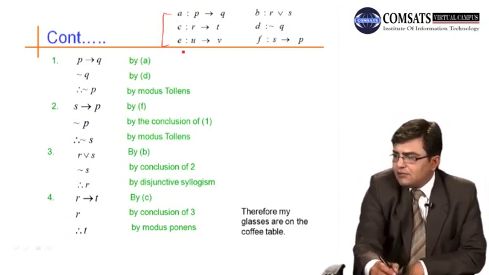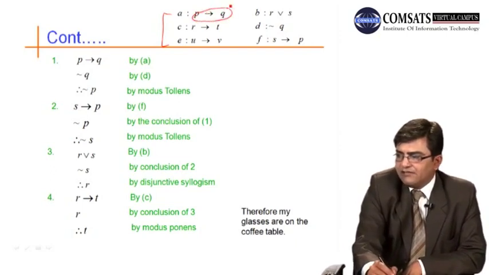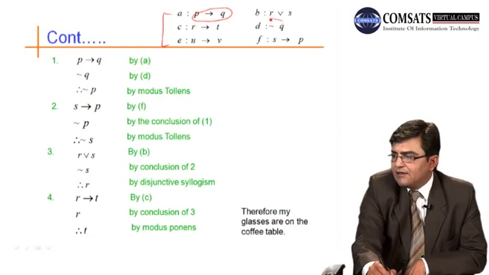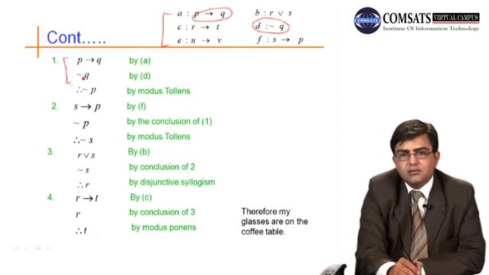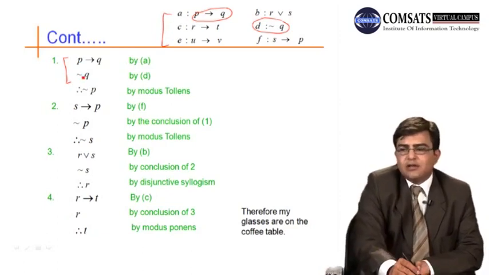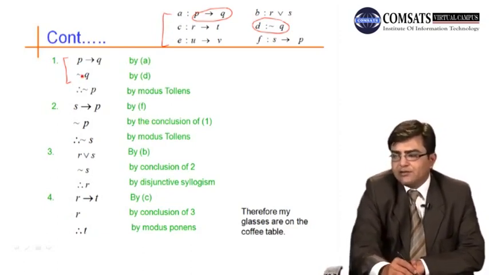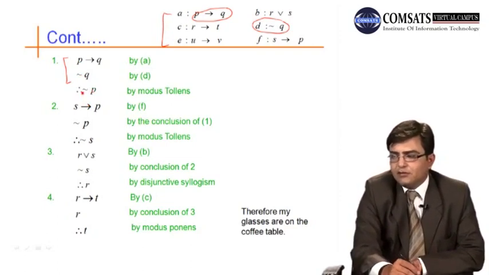Now if we combine A, the first premise, and D, the fifth premise, we have P implies Q, and not Q. What is this? This is basically modus tollens. So from here we can conclude not P, by using modus tollens.